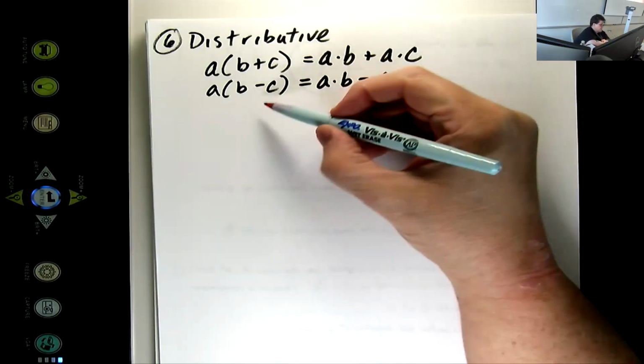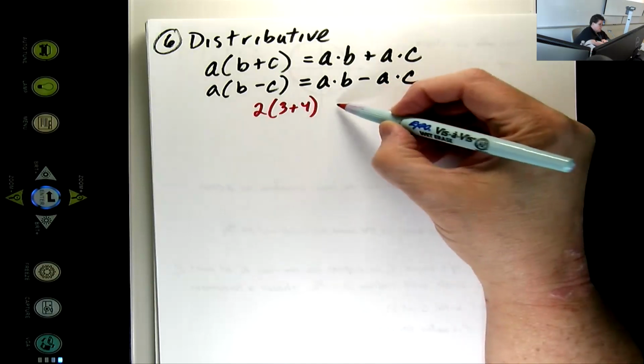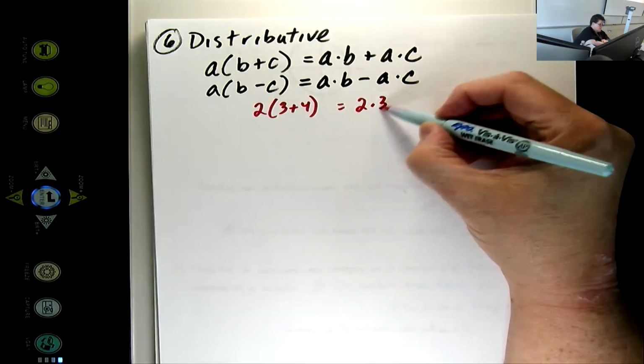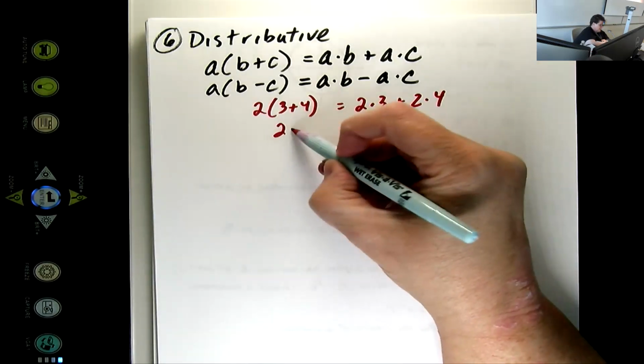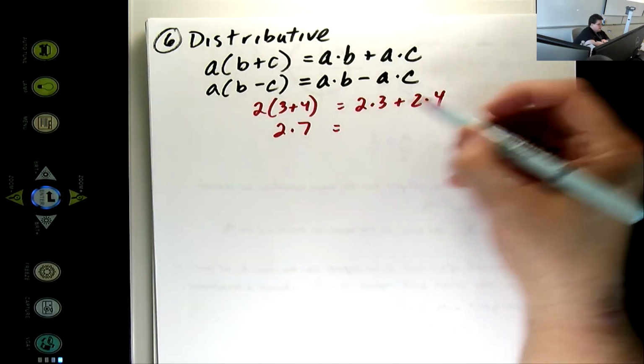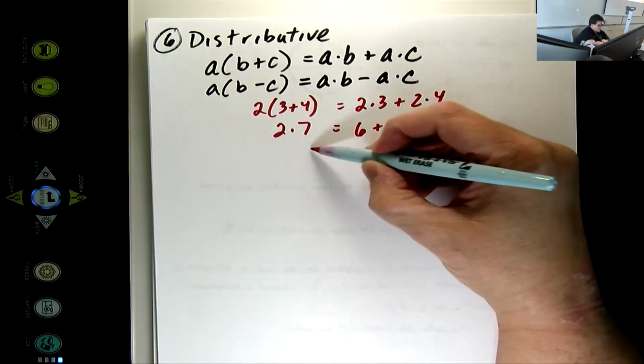If you want to see it in action, 2 times (3 plus 4) equals 2 times 3 plus 2 times 4. The left side is 2 times 7, and this is 6 plus 8. On both sides, we get 14.